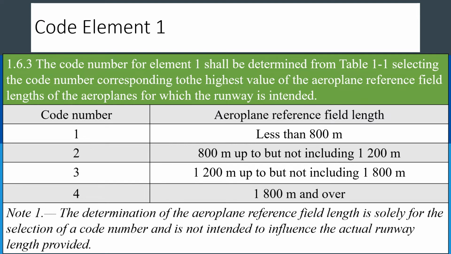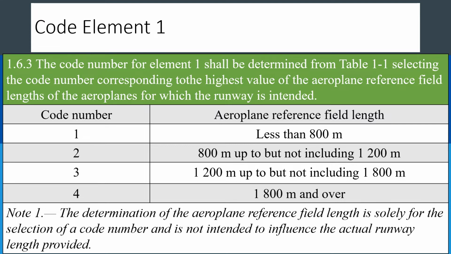So the code element 1, which will be found in Table 1.1 in Annex 14, gives us the code number corresponding to the highest value of the aeroplane reference field length of the aeroplanes for which the runway is intended.